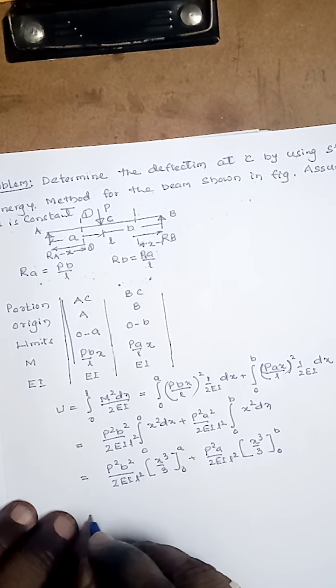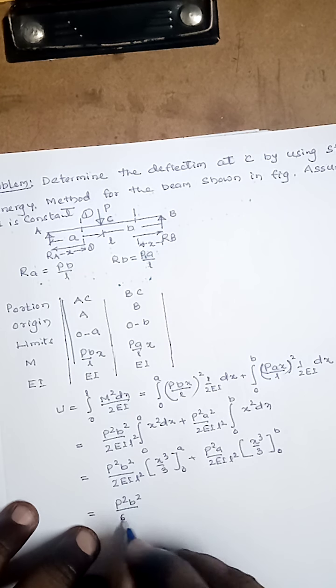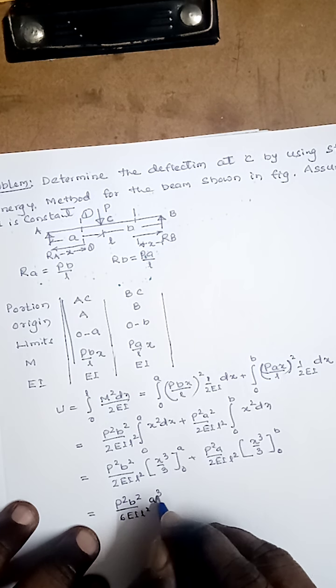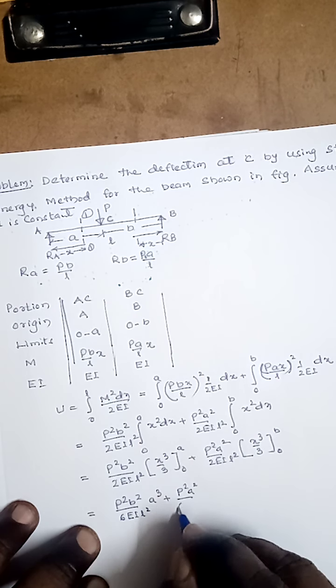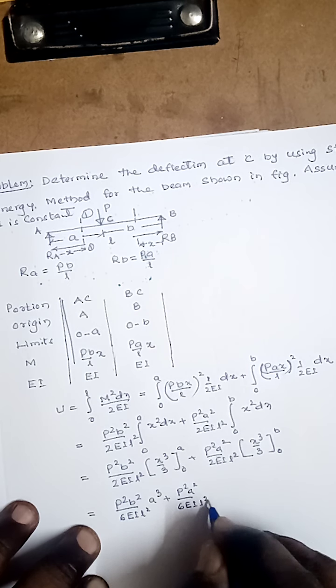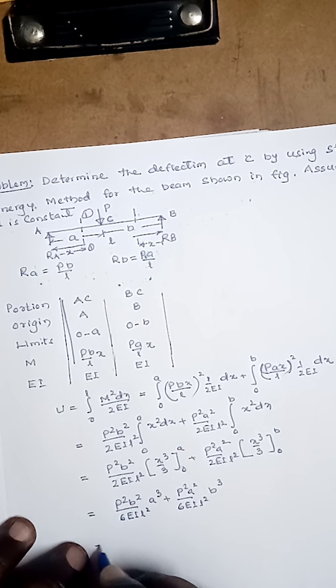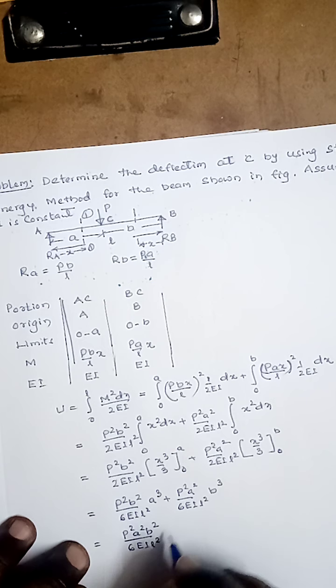Then by substituting the limits, P square B square divided by 6EI L square into A cube, plus P square A square divided by 6EI L square into B cube. Here P square A square B square divided by 6EI L square is common.